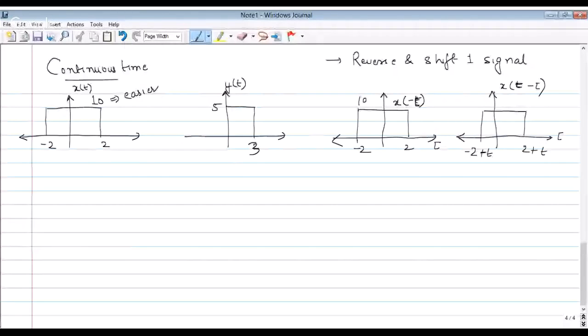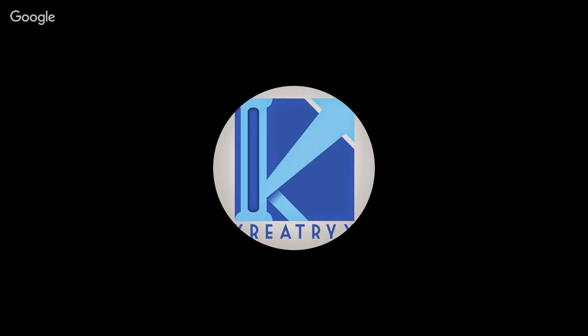Now, if the rightmost point of this signal is less than 0, there will be no overlap, that is t is less than minus 2.